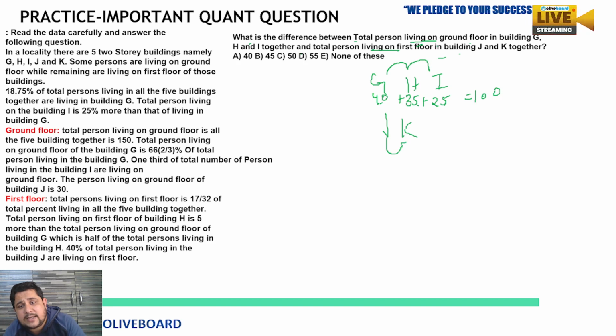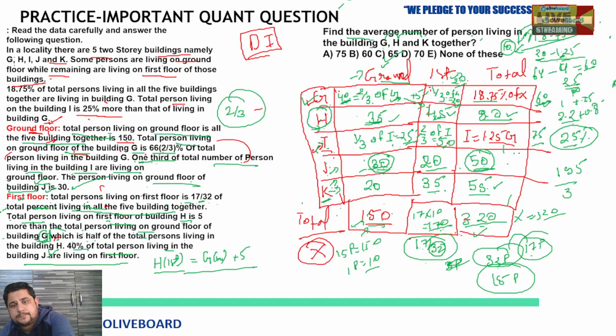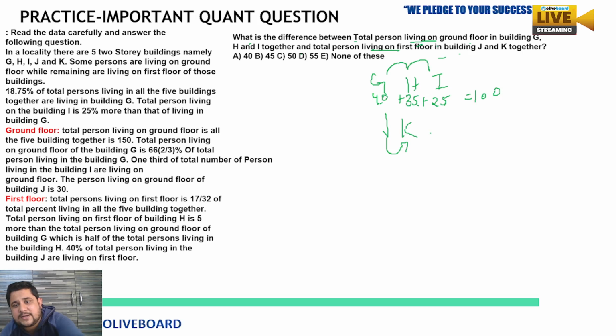Now if we talk about J and K first floor, how many? So on the first floor, 20 plus 35, 55. Okay. And for G, H and I, yes, 40 plus 35 plus 25, we have captured the correct data.